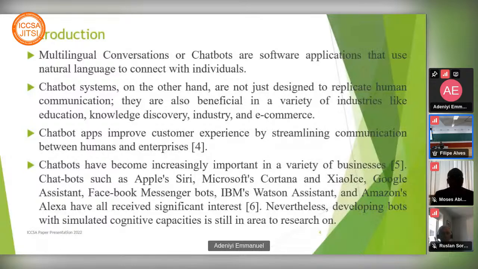Moses, yes, Adini. So what's the problem? Could you solve it? Yes, we're about to solve it. Just give me a few minutes. I will try to share my screen. Okay, we have only 3 papers in this one, right?